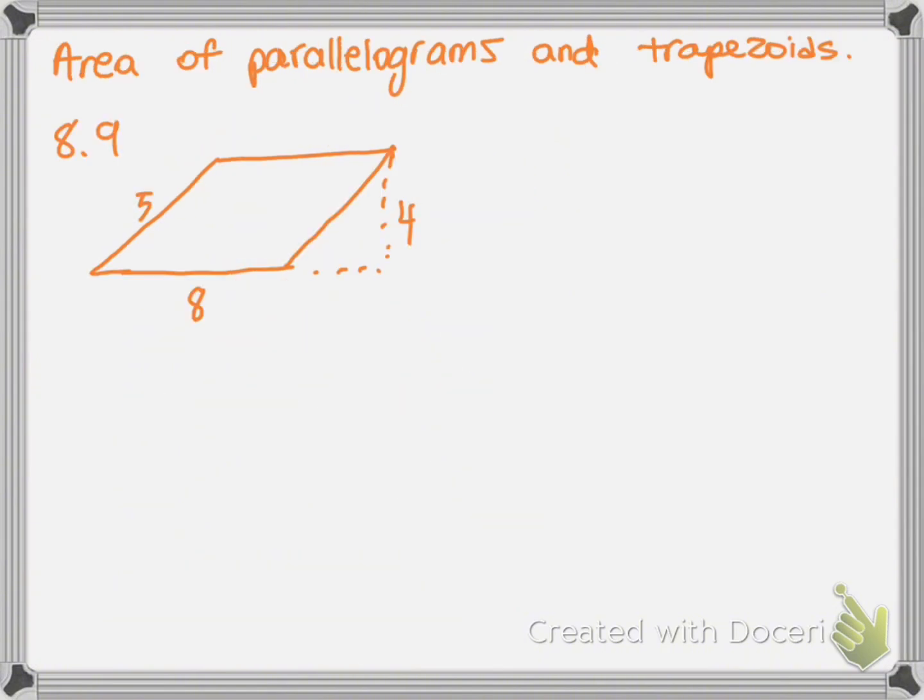In example 8.9, what they're asking is that we find the area of this parallelogram. Again, we haven't seen this formula in this video, but it's very, very easy. The area of a parallelogram is base times height, just like a rectangle: length times width, base times height. Now, we have to remember that a height is always perpendicular.